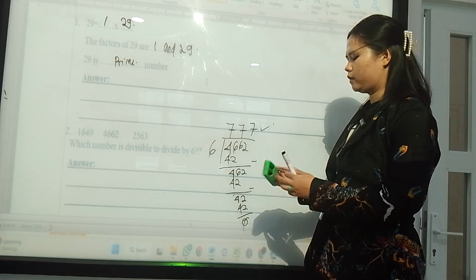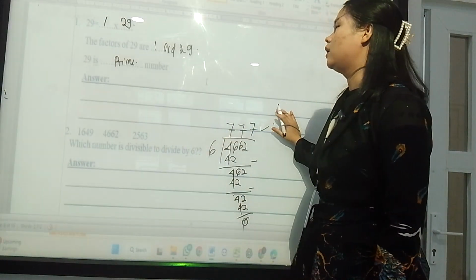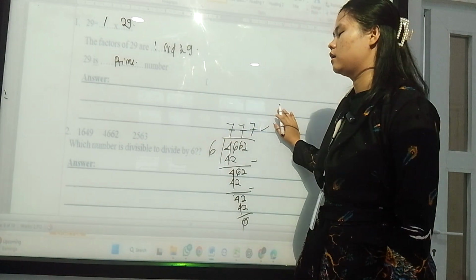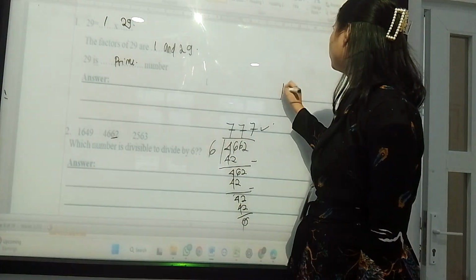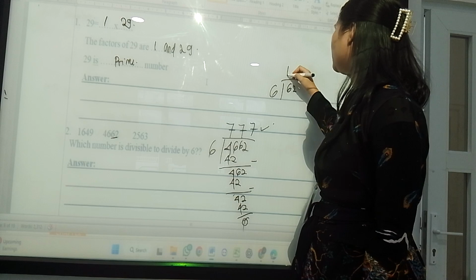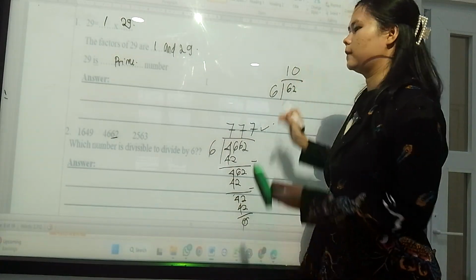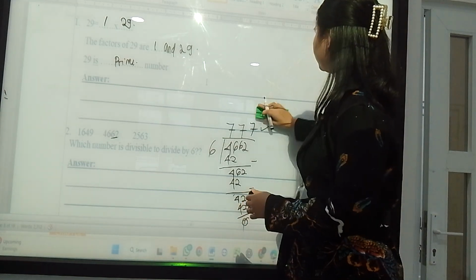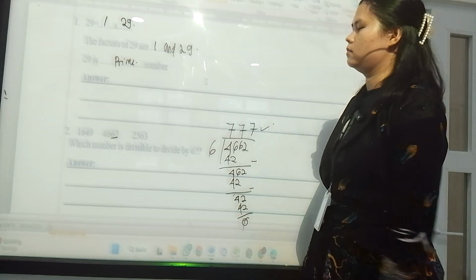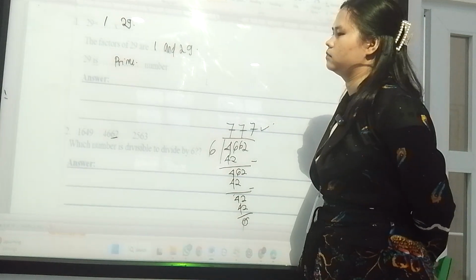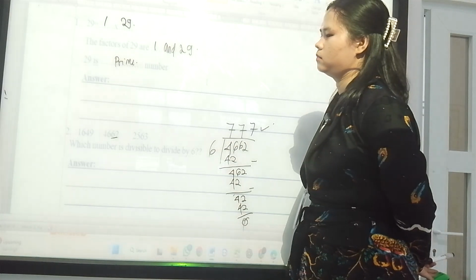If the number can be divided by 2 and can be divided by 3, the number must be divisible by 6.